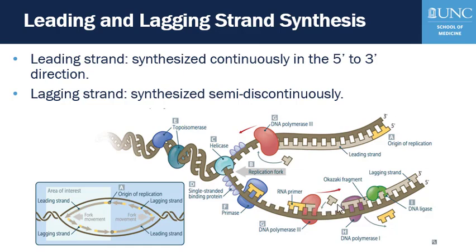And so that creates these DNA segments, which are several hundred nucleotides, and they're called Okazaki fragments. And so these Okazaki fragments have to be resolved or joined with the help of DNA ligase before synthesis is complete.